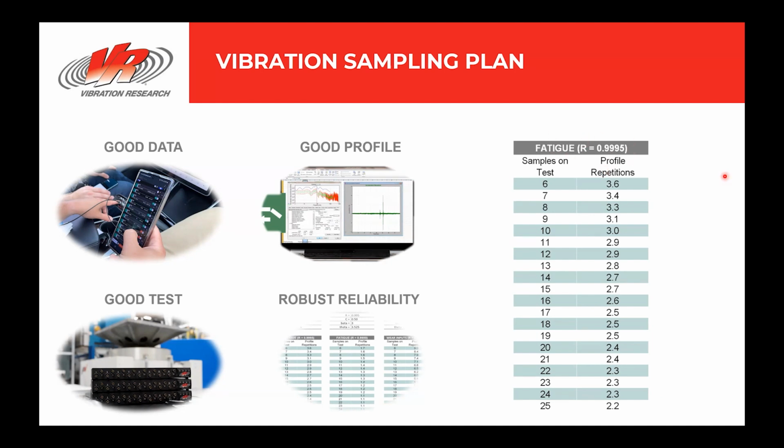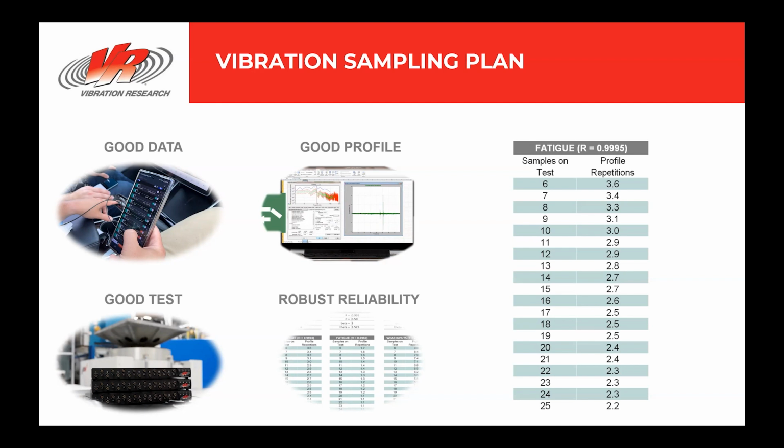Note that the sampling plan begins with a minimum of 6 samples on test. While this is not always practical, depending on the product's cost and size, generally at least 6 samples are necessary to do any sort of useful statistics on the results.